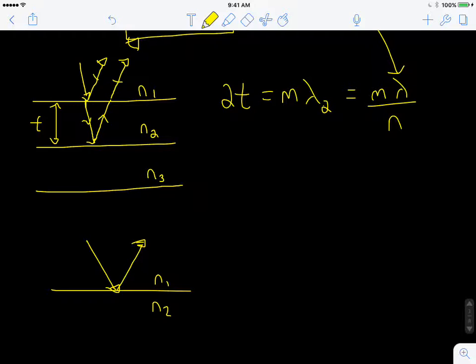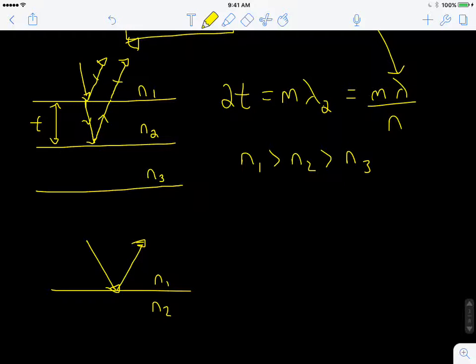And if n1 is greater than n2, then there's going to be no shift. There's going to be a soft reflection. So what we can see is that if we're looking at the boundary, if n1 is greater than n2, which is greater than n3, then there are no phase shifts, no phase change.